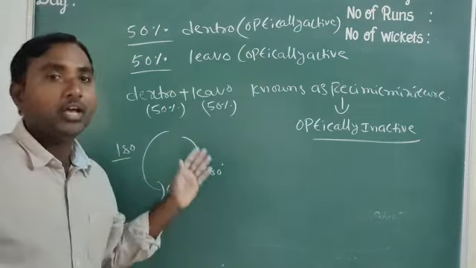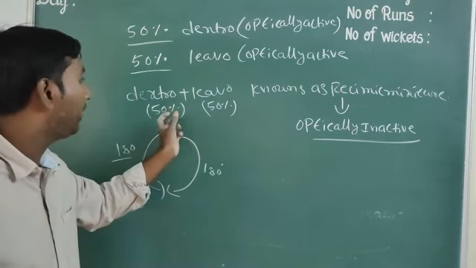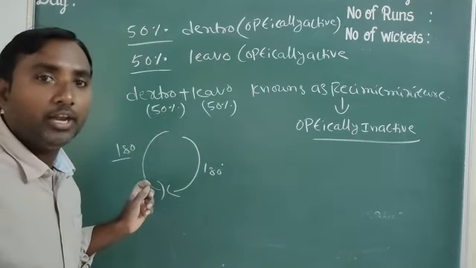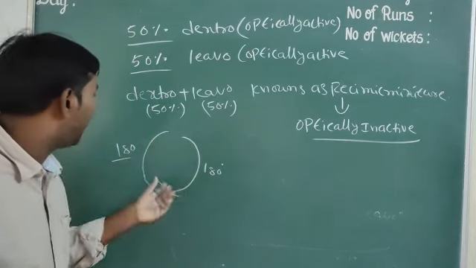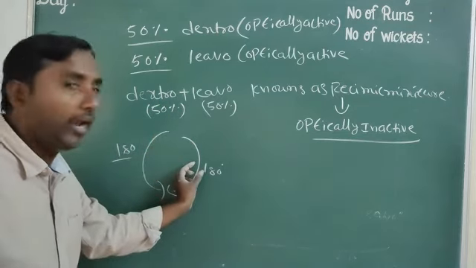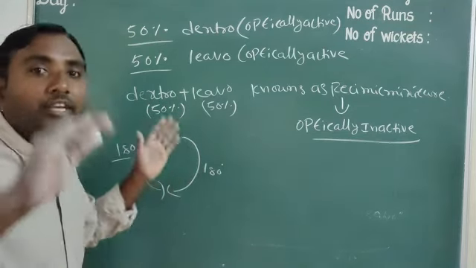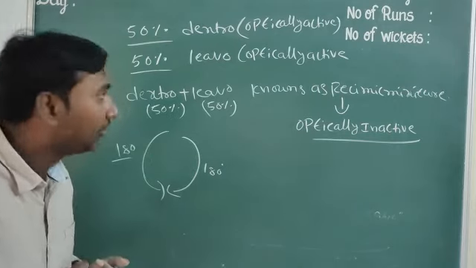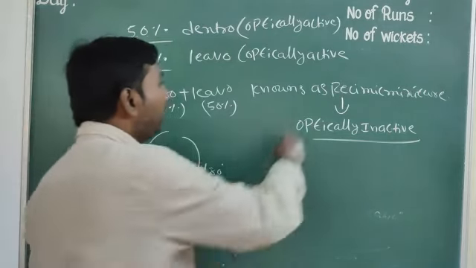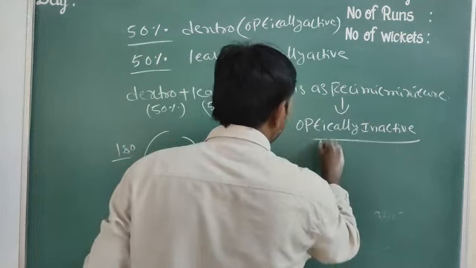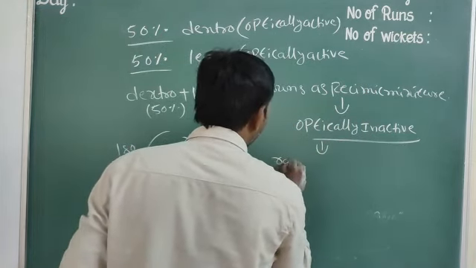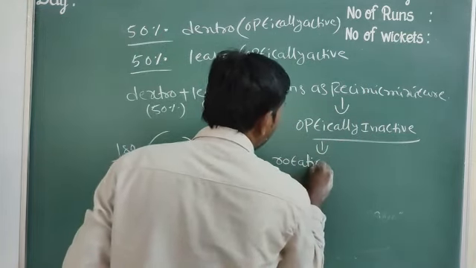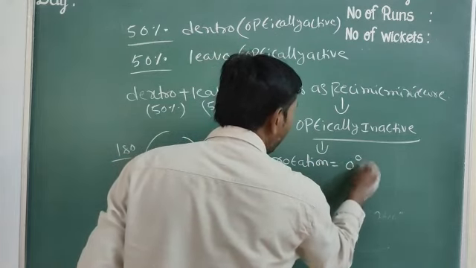Dextro and levo are equally portioned together, so both rotations cancel. Finally, the racemic mixture rotation is equal to 0 degrees.